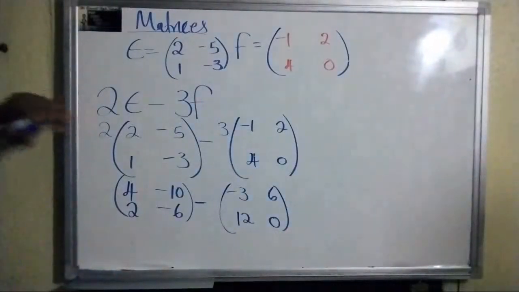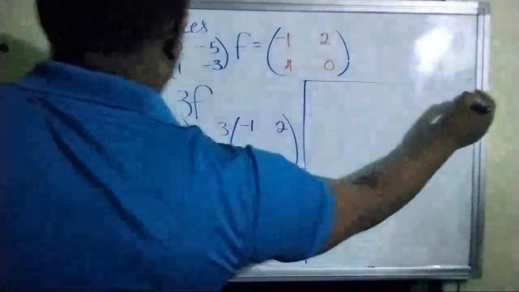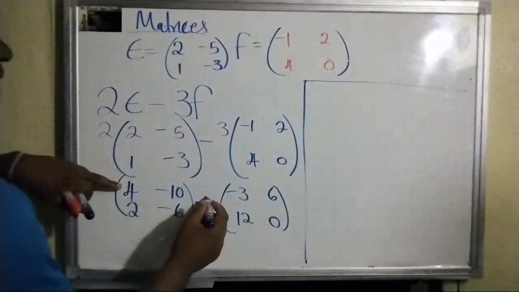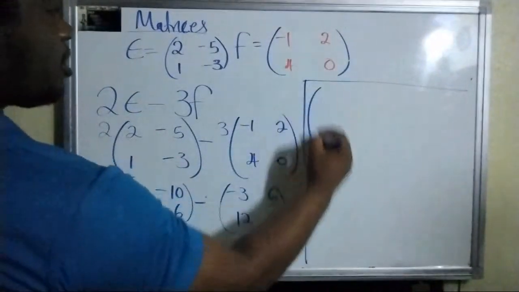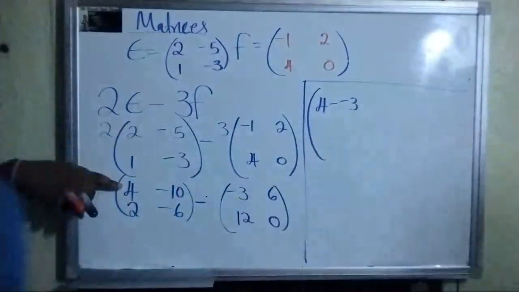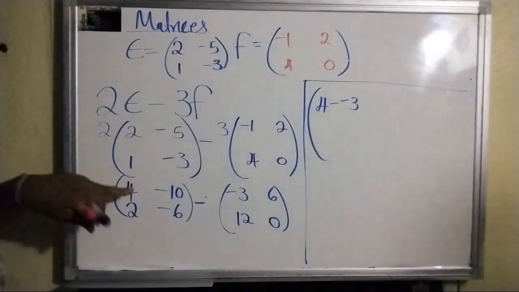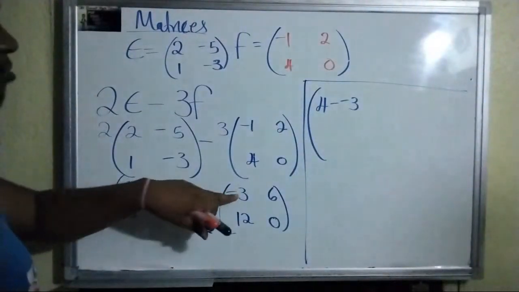Alright? Now we can group them. And it works out just fine. So we have 4 minus minus 3. And as I say, this is a common error students make. They leave off one of the minus signs. They will say 4 minus 3. And that's it. But you have 4 minus minus 3.